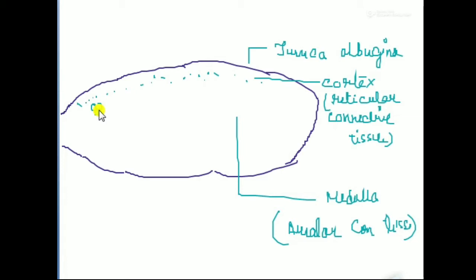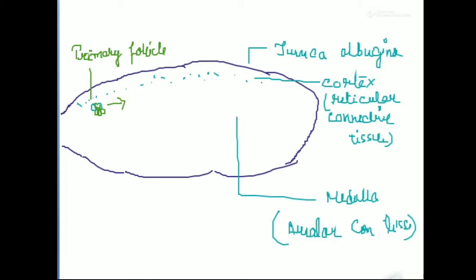This is the primary follicle. Small cells accumulate to form the primary follicle. It will grow step by step.